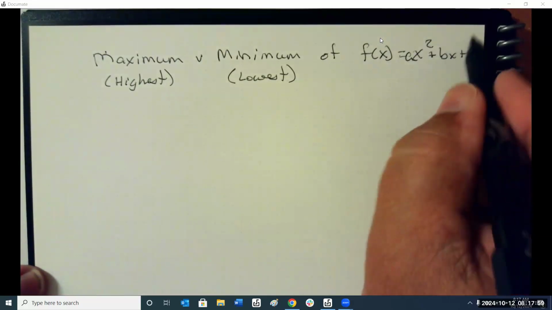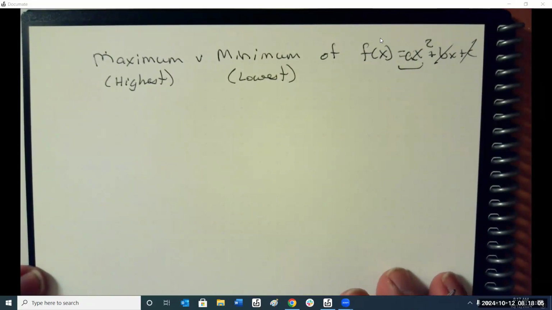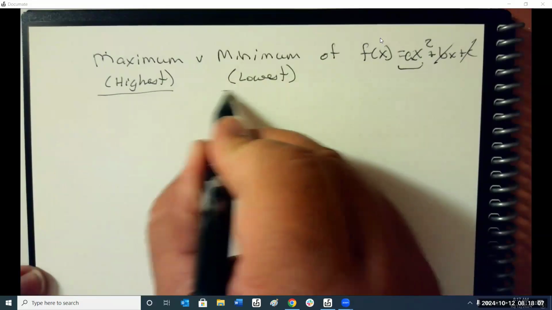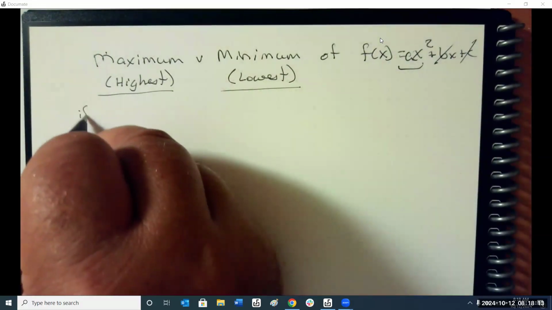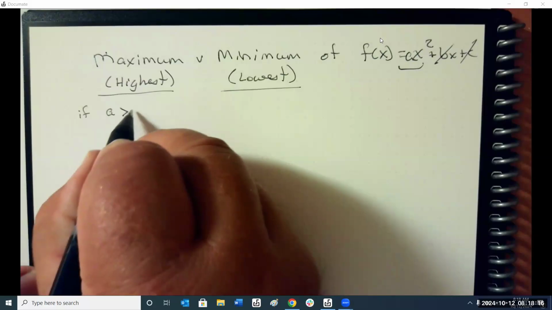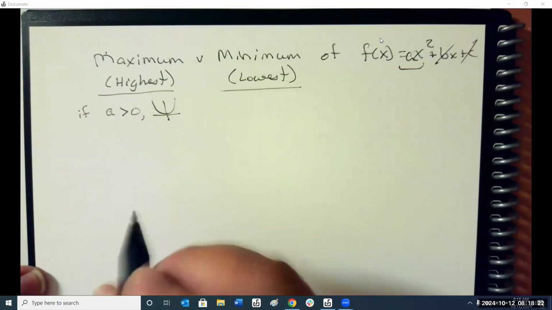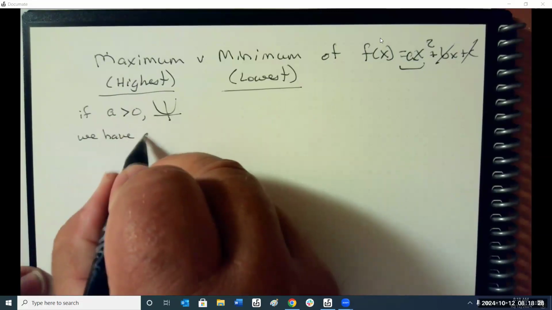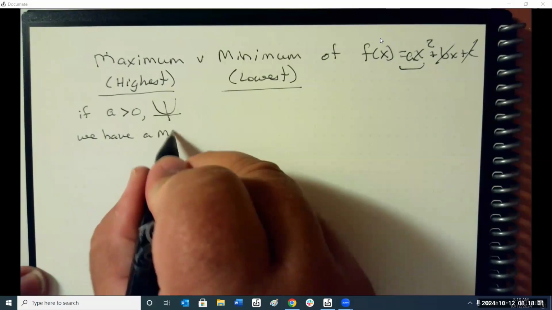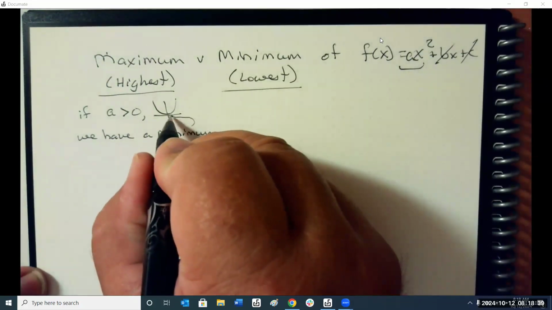For right now, we're going to ignore everything else. We're going to look at the leading term. These are for x squared. If a is positive, in other words, it opens up, we have a minimum. Minimum is the lowest point.